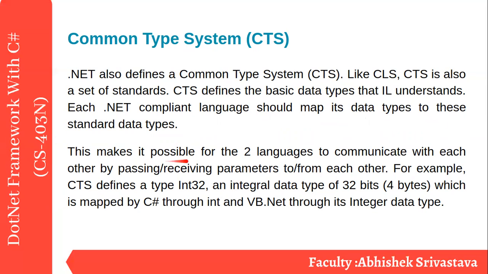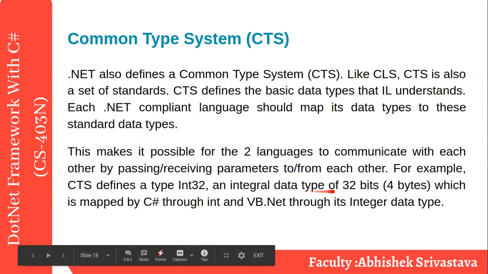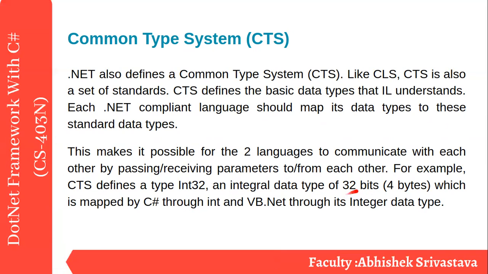This makes it possible for two languages to communicate with each other by passing and receiving parameters to and from each other. Languages intercommunicate to produce common things through the CLR. For example, CTS defines the type Int32 for integer, an integral data type of 32 bits, which means 4 bytes.